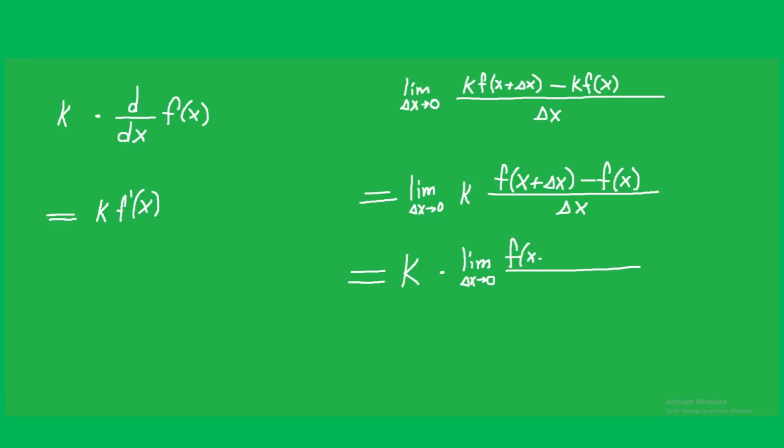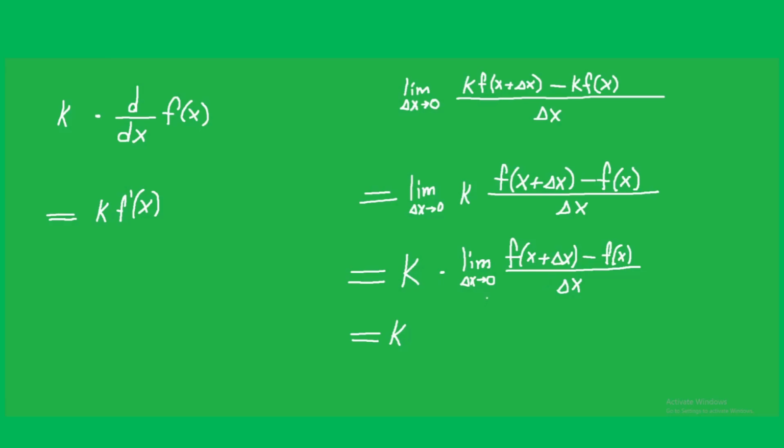f of x plus delta x minus f of x over delta x. Okay, so what we have here is k, some constant, times the limit as delta x approaches 0 of f of x plus delta x minus f of x over delta x.